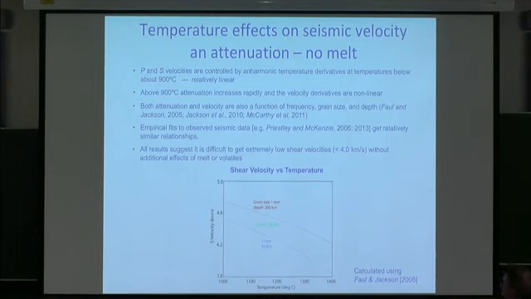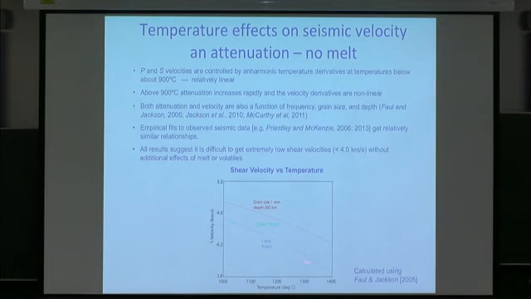There is still a lot of controversy about exactly how to parameterize the temperature effects, but the results are somewhat similar in their predictions, and they all show something like this, where the S velocity decreases fairly rapidly with temperature above about 1,000 degrees C.